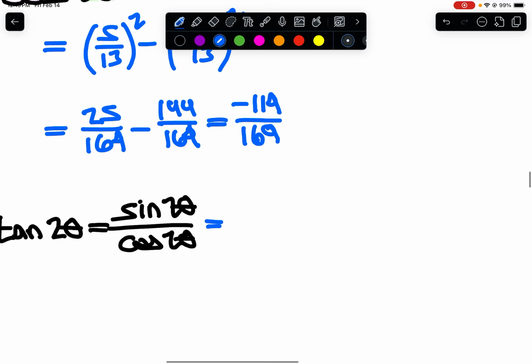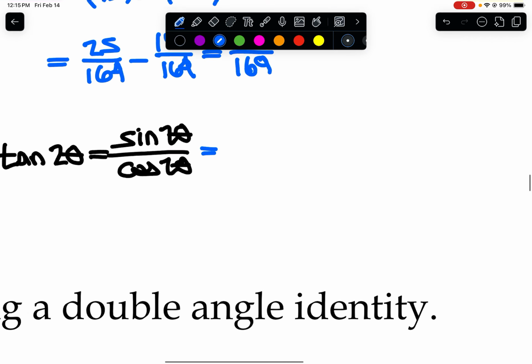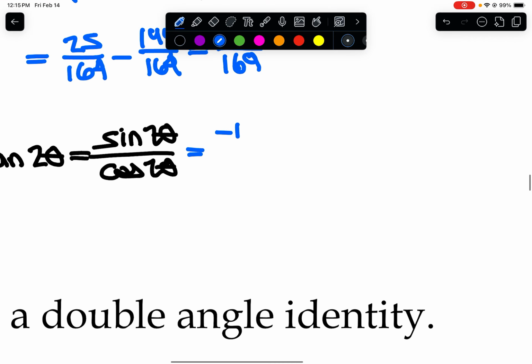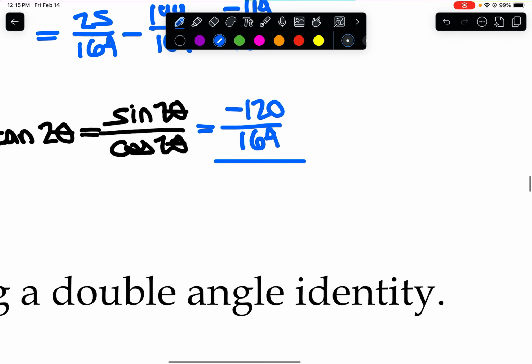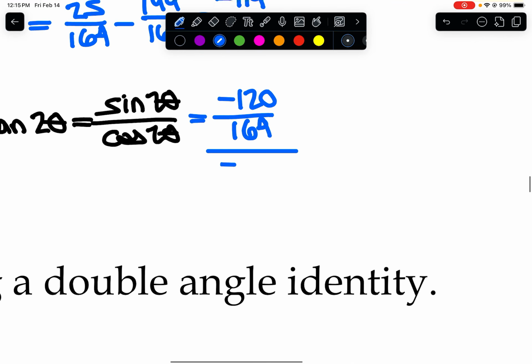So when I do it this way, sine of 2 theta is going to give me negative 120 over 169. And that's going to be over the cosine double angle value, which is negative 119 over 169.